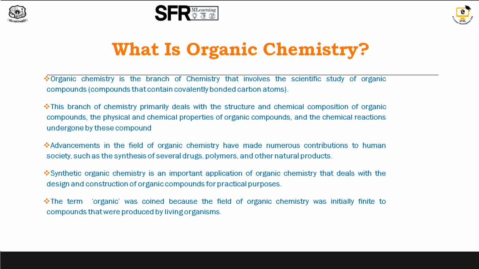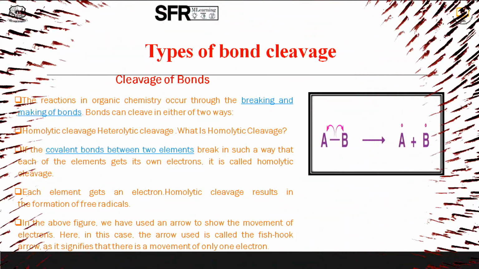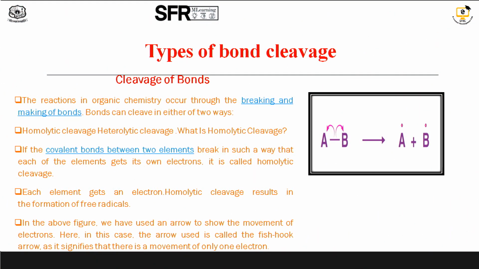This also involves the important application of designing and constructing organic compounds for various practical purposes. The term organic was coined because the field was initially limited to compounds that were produced by living organisms.